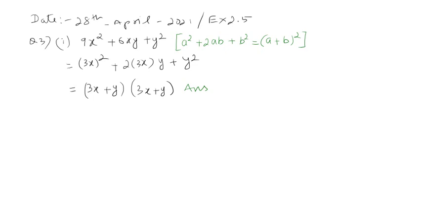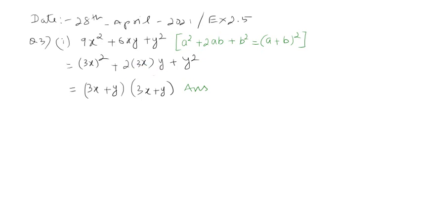Understood? See, once you have recognized that this one resembles a square, because inside the bracket, whatever 3x you see, it's a, then this y is basically b. Square is there, so y is b. So in here it's 2ab, you can see this is 2, this is a, this is b.